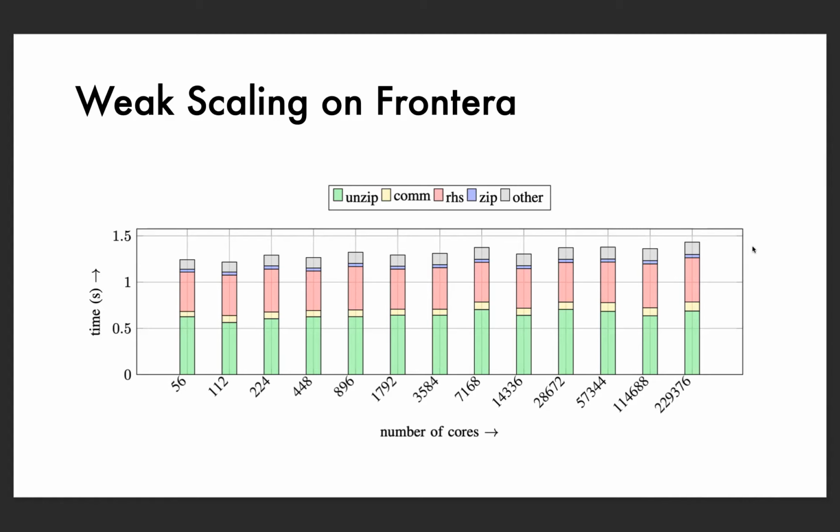The yellow is communication, the right-hand side calculation is the red, and the green is managing the tree and the unstructured grid and filling in points, which is unfortunately an expensive part, but it also gives us the efficient grid.